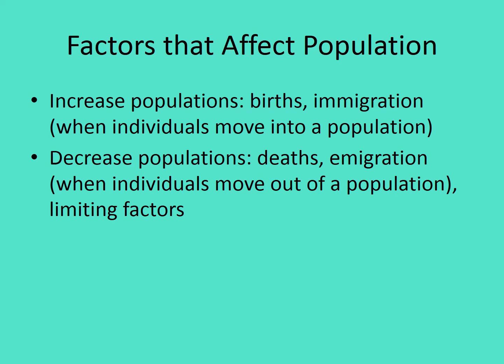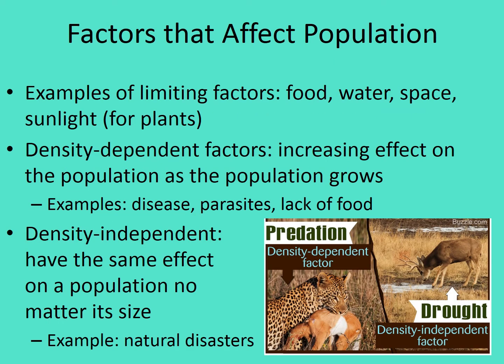And then there are these things called limiting factors. Limiting factors are just resources needed for life, and if they're in small supply, it's going to limit the size of your population. There are 2 major categories of that. Density dependent factors depend on how big the population is. The bigger your population, the more you're going to find these things.